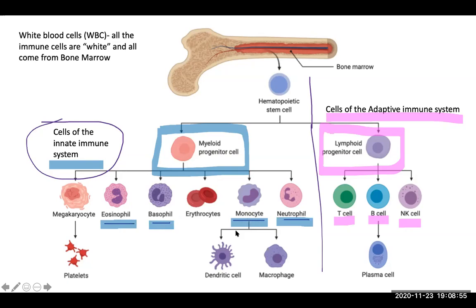Monocytes can further differentiate into either dendritic cells or macrophages. We'll talk about these in a moment. And then you have neutrophils. And neutrophils, you could put next to this as number 1. They are the most numerous of all of the white blood cells in your body.